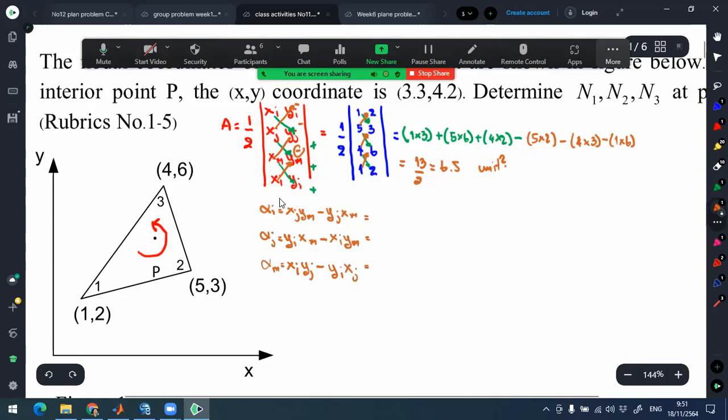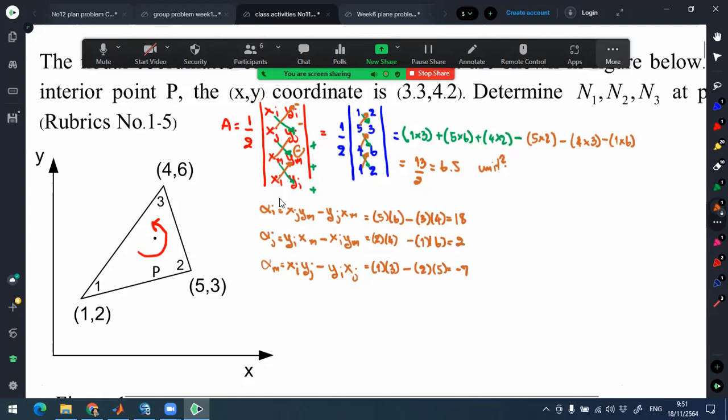For this case, alpha i is 5 times 6 minus 3 times 4, which becomes 18. Alpha j is 2 times 4 minus 1 times 6, which becomes 2. Alpha m is 1 times 3 minus 2 times 5, which becomes -7. This is for alpha.